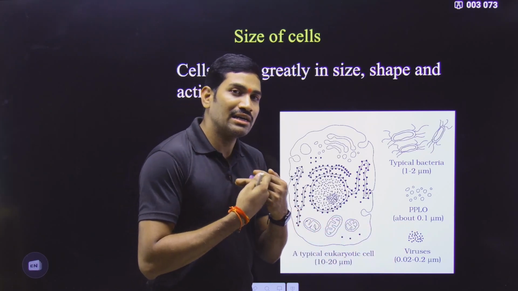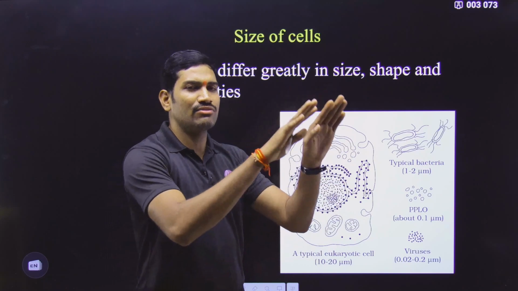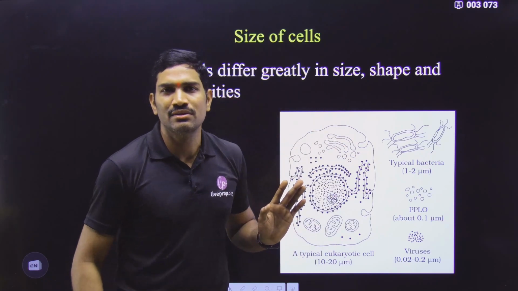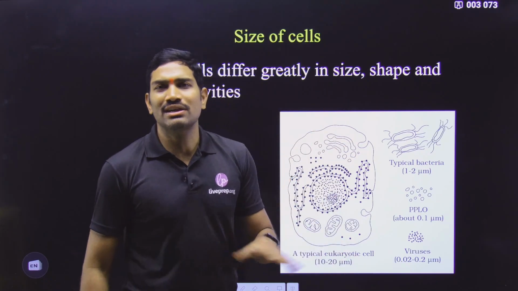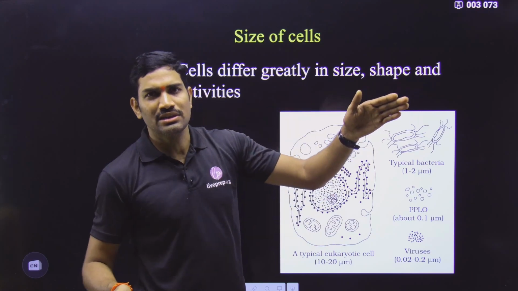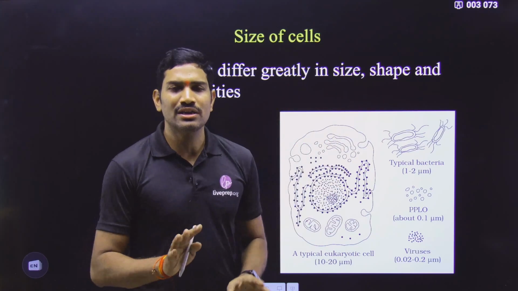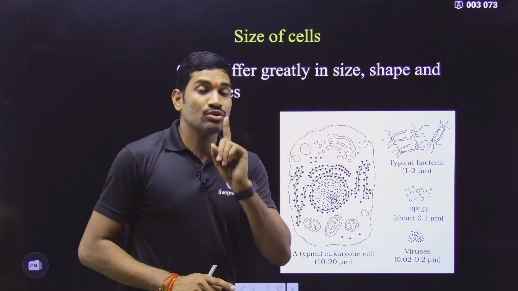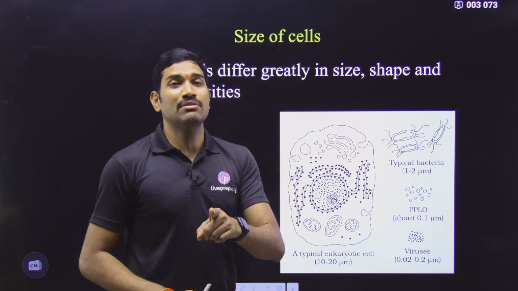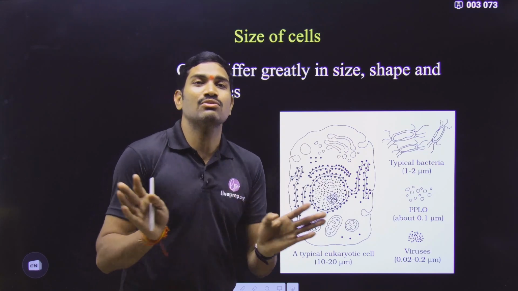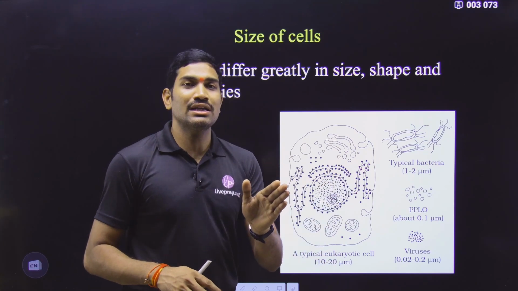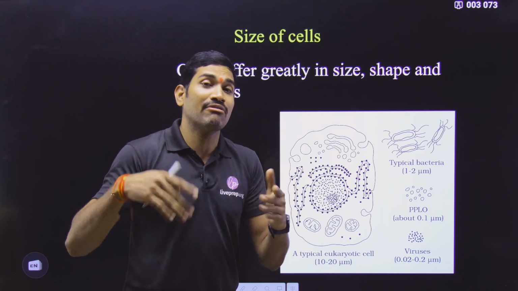If they are not talking about living organisms, and simply ask which one of the following has the least size, there they are not asking about living or non-living. So whatever the options given, based on that you should go for the smallest one. Understood or not? So reading the question is very, very important. Many students are not reading the question completely. They will read half of the question and the remaining they will think, yes, this might have been asked.